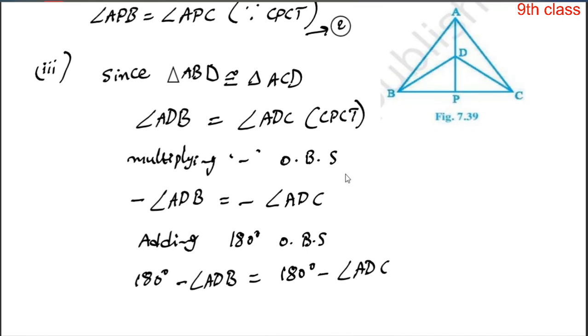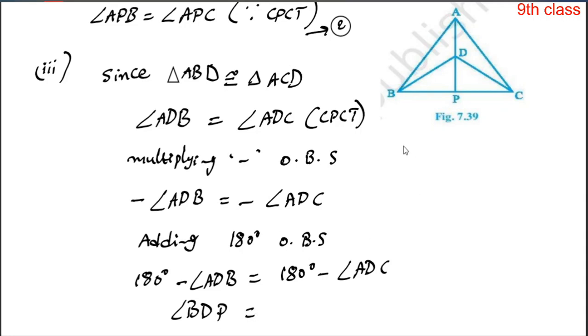See the figure. 180 degrees minus angle ADB is equal to angle BDP.